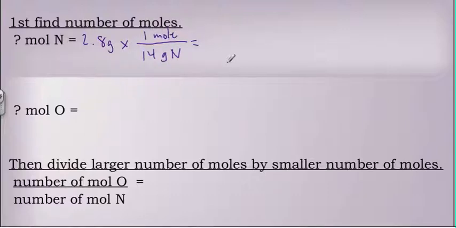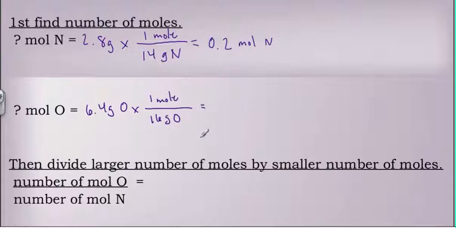If I do that, I get around 0.2 moles of nitrogen. Then I'm going to convert oxygen from grams to moles. I had 6.4 grams of oxygen, and I divide by the molar mass of oxygen, 16 grams in 1 mole.